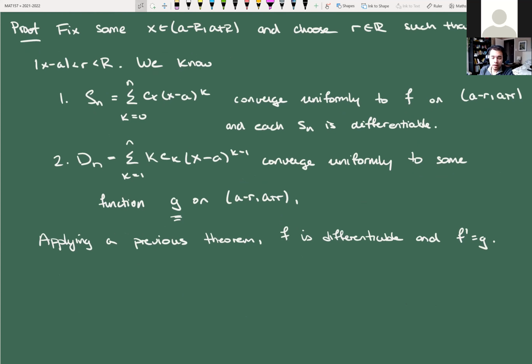Now we've only shown it for the interval a minus little r to a plus r, but we've basically now shown it for that particular choice of x that we had. And of course, as we let r vary, I can then do this for any x, right?